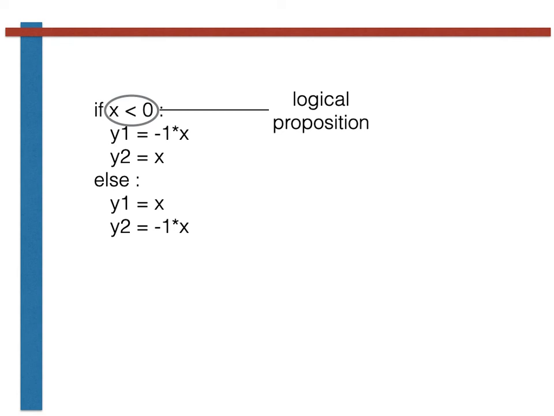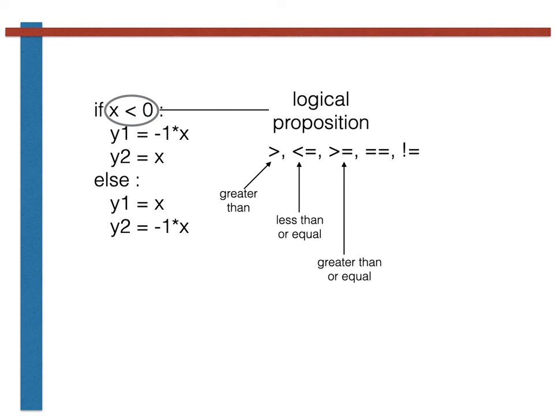Finally, notice that less than is not the only binary operation that can appear in our propositions. We can also use any of the following sets of symbols, namely greater than, less than or equal to, greater than or equal to, is equal to, and is not equal to.